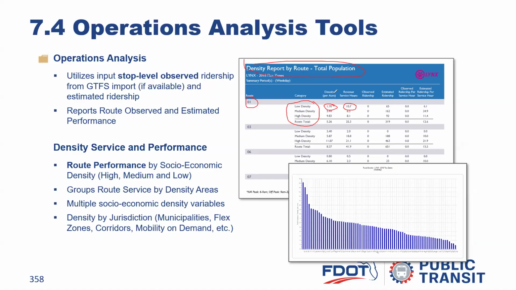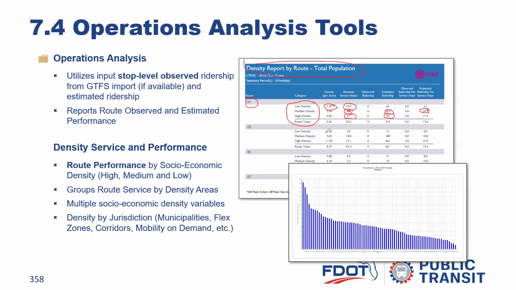So you can see that as the density grows, our ridership is, here's our ridership, 162 for medium and 92 here. But we have revenue service hours is 6.5 and 8.1 here, and estimated ridership per service hour, 24.9, 11.4. So it's just basically splitting up your service now by density, right?